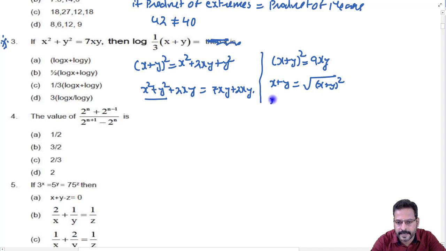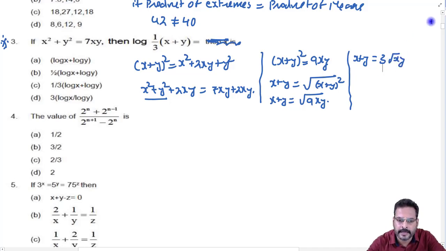So that means x plus y is equal to a root of 9xy. Okay. So a root of 9 will be 3, then the root of xy remains root xy. Okay. So we can substitute the value of x plus y.